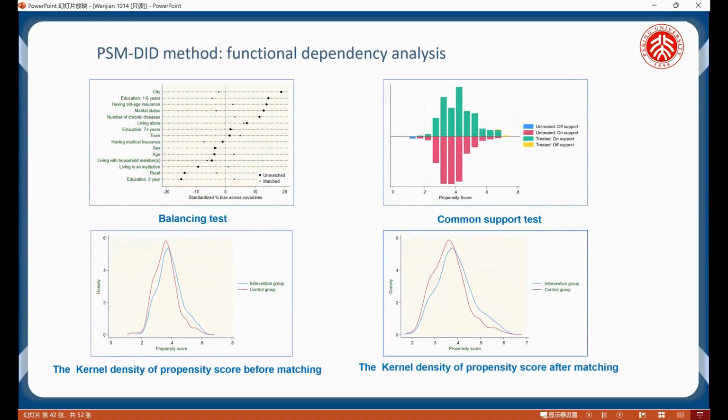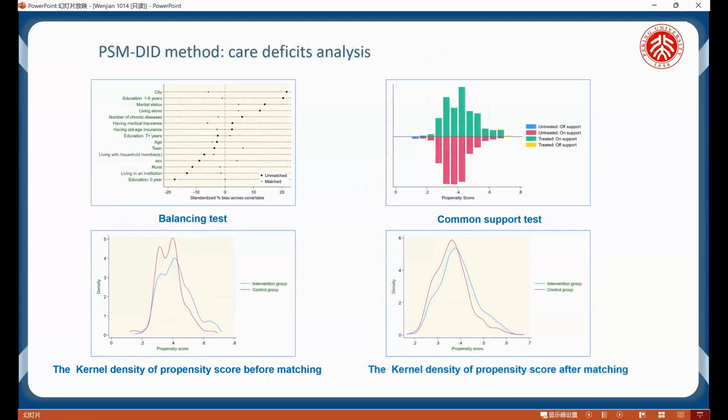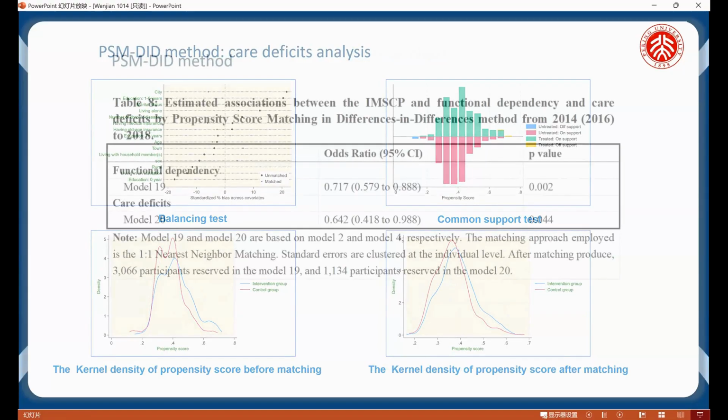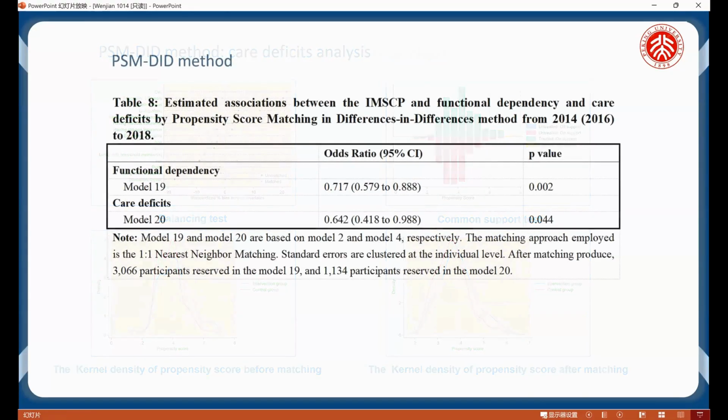We also conducted a balancing test, common support test. They all passed this test. This is the main result of the PSMDRD method.